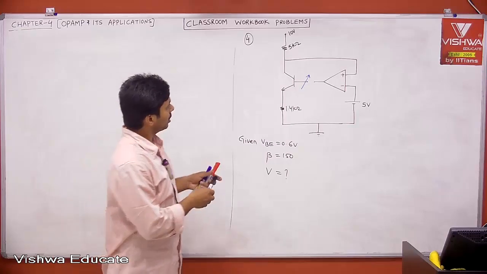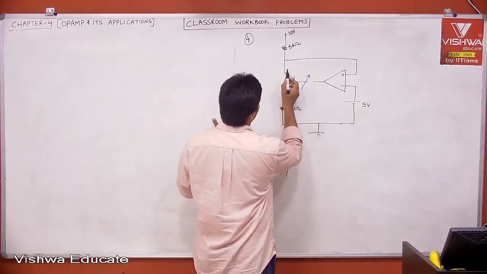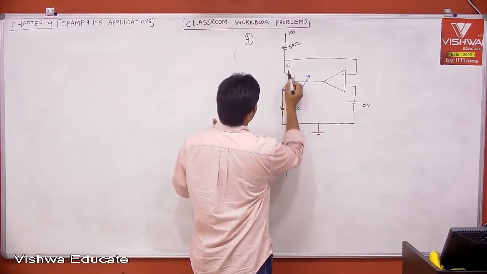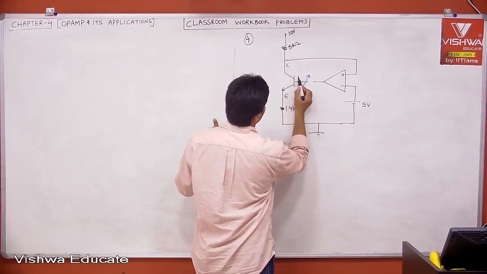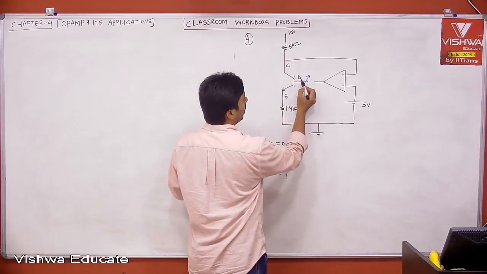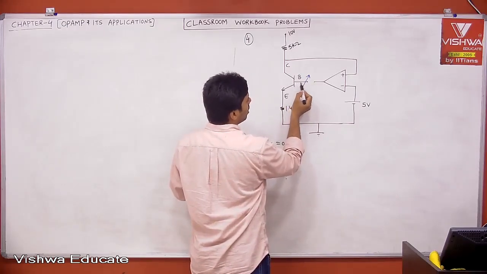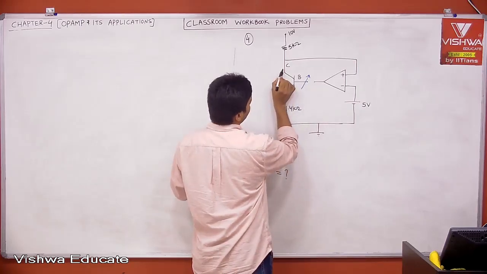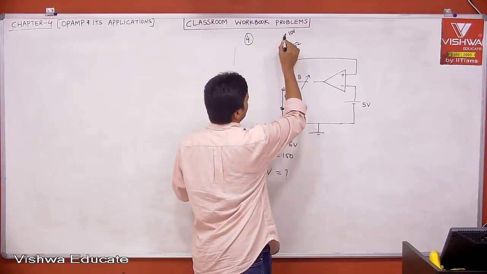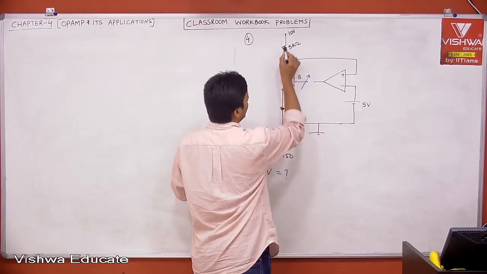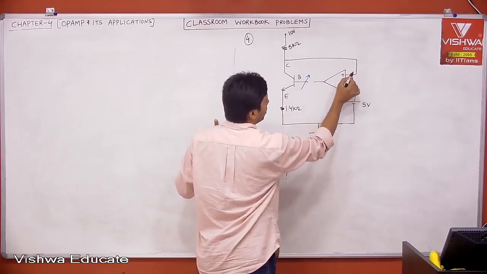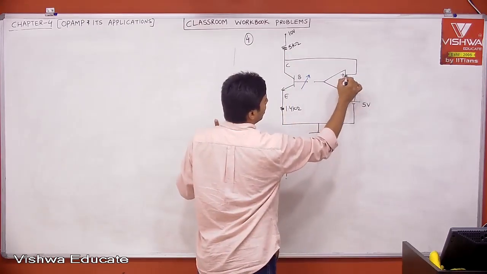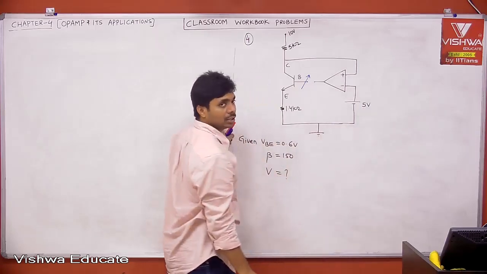Now, let's see. This is your collector, and this is the emitter, this is the base. When you increase the voltage at the base, your base current will increase. When VBG increases, base current increases, collector current increases. What is this current? This is nothing but the collector current only. Why? The current entering the op amp is 0, because the input impedance of the op amp is infinity.